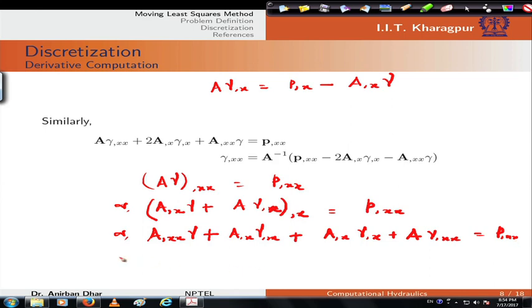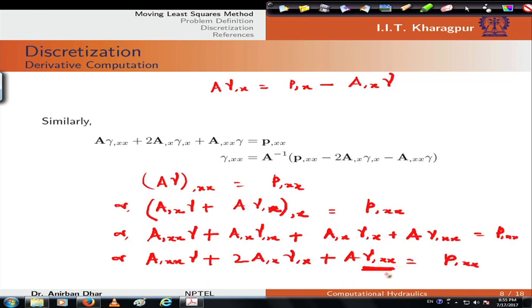So, from this one we can simplify: A comma xx gamma plus 2 A comma x gamma comma x plus A gamma comma double x equals to P comma xx. So, from this one we can directly calculate the second order derivative of gamma xx like this.